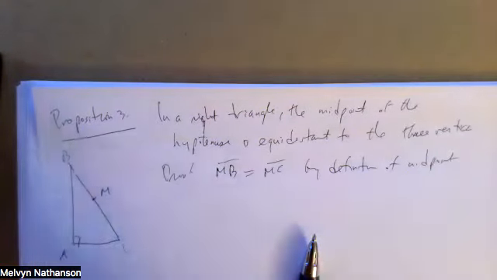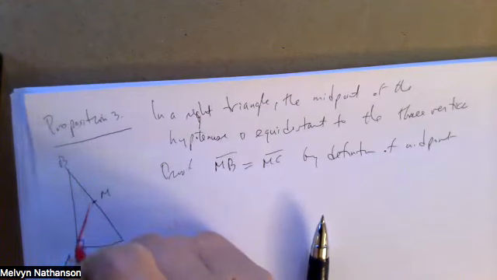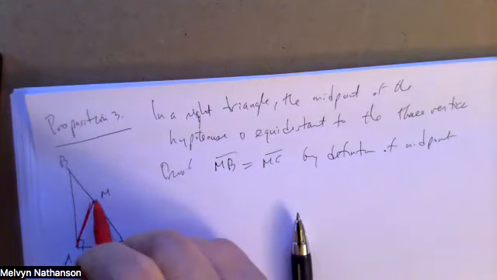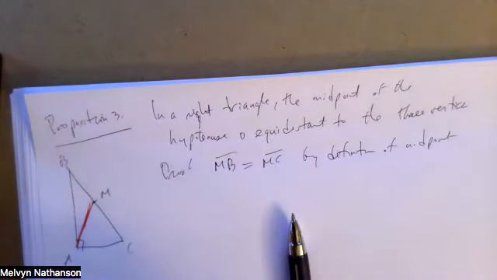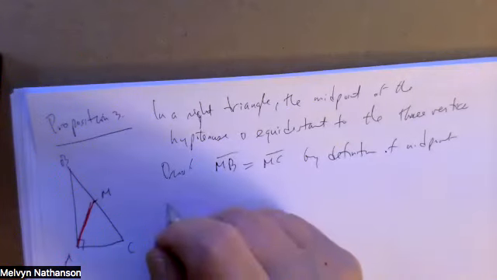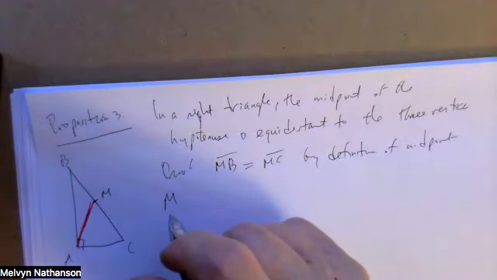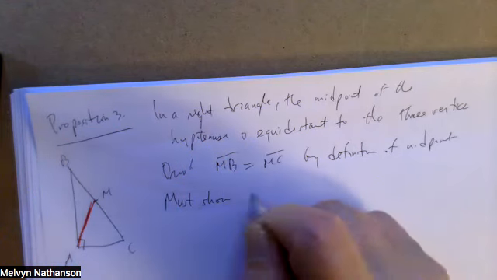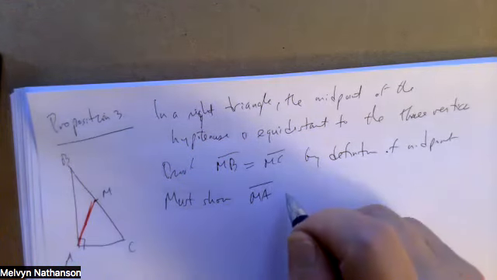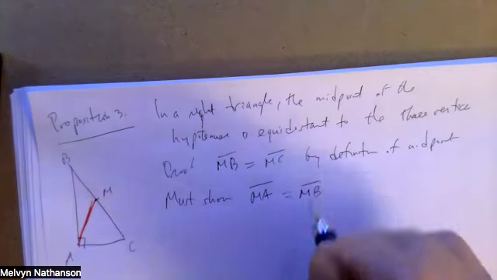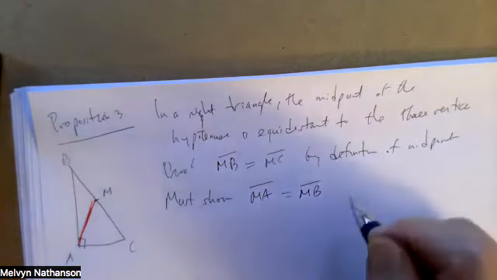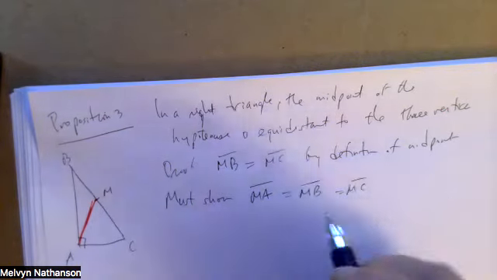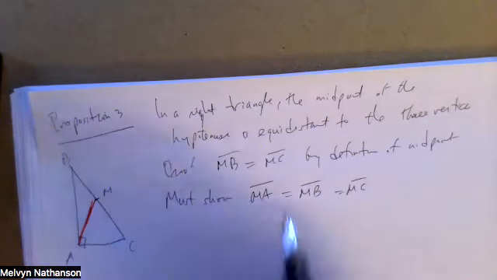I have to show that the distance from M to A is the same as the distance from M to B and C. So must show the distance from M to A is the same as the distance from M to B, or the distance from M to C. We know these two are equal. We have to show that this distance is equal to that.